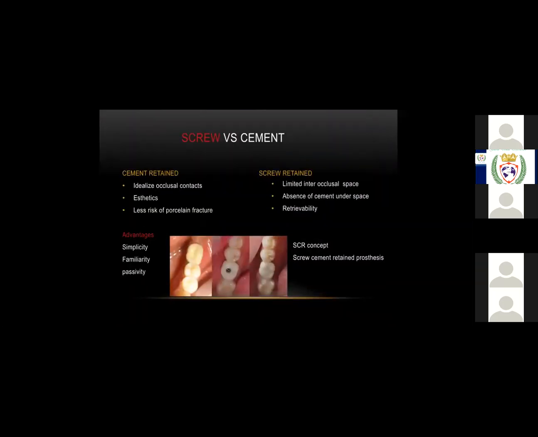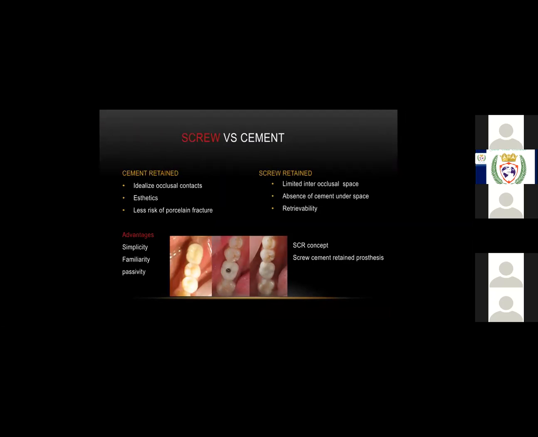Now when we compare the screw versus cement, there is definitely some disadvantage with each crown. You have cement retained crown versus screw retained. The cement retained, when we make a crown, mimics our regular conventional crowns, which you do for our endodontic teeth or on natural teeth.